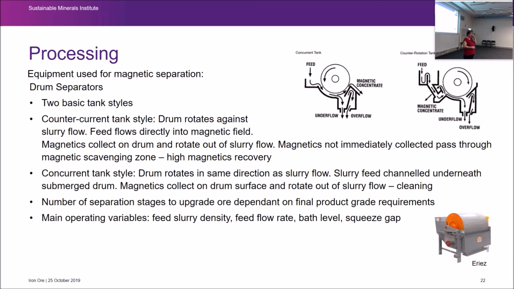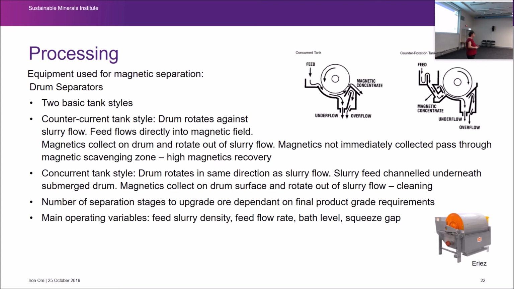Your main operating variables on these ones: feed slurry density is the absolute key and has a big rheology impact. The higher your rheology becomes, the more you will have entrained particles being rotated out of the stream with your magnetic particles as well.